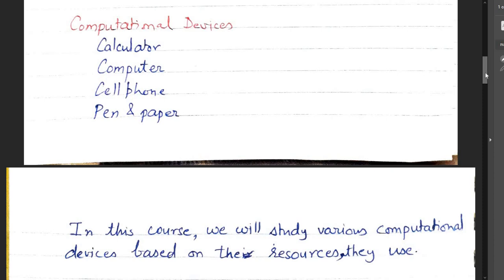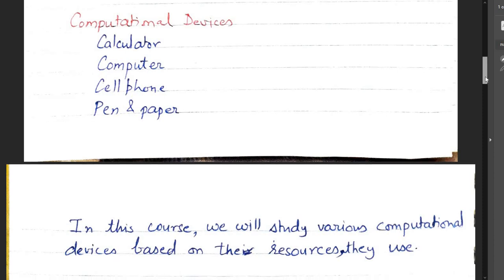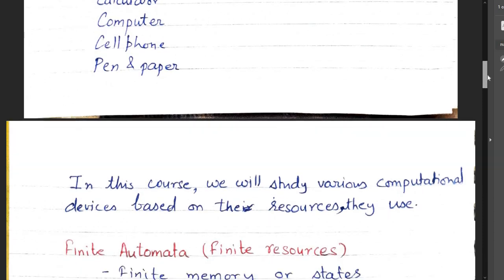Now, in this particular course, we also will discuss the different computational devices. We will discuss different computational devices based on their resources. So we will be trying to talk about what the different computational devices are, and we will describe them on the basis of their resources.